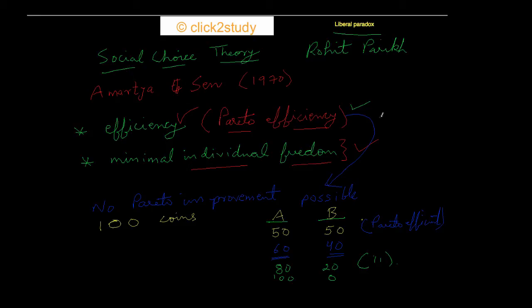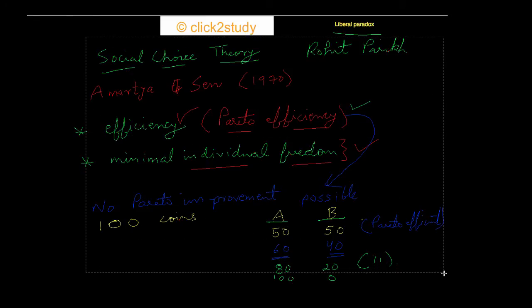But I won't go into the proof; I'll explain the paradox using the example that Amartya Sen himself gives in that paper. So let me rub this off and come to that example. He talks about an example about this book.